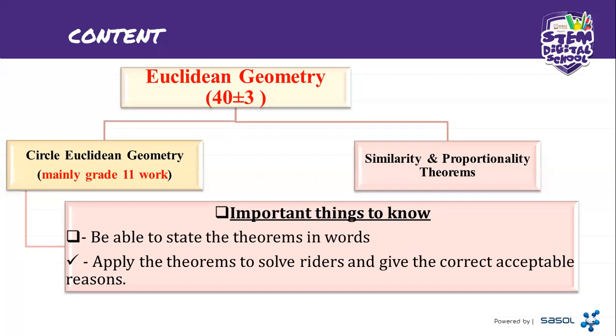Under Euclidean geometry for grade 11, the important things a learner should know when dealing with those theorems: one, you must be able to state the theorem in words. It's very important. Each learner should be able to state the theorem in words, and then apply the theorem to solve the riders and give the correct acceptable reason.